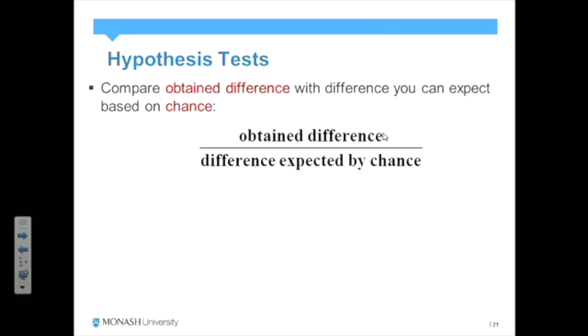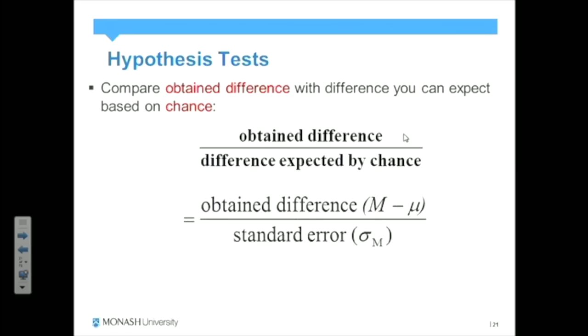In other words, it's the effect you saw divided by your level of uncertainty. Sometimes we refer to that as a signal over noise approach. So whenever we give you equations that show you some kind of test, that's all it's doing: the observed difference, the observed effect, divided by your level of uncertainty.